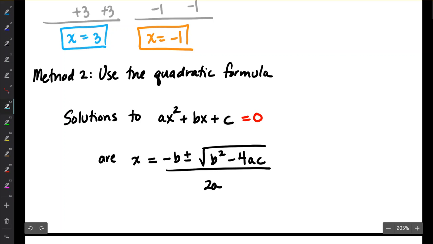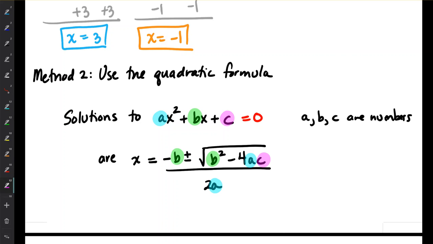So here, a, b, and c are numbers. A shows up there, B shows up there, we have an A here too, and C. Okay, so let's use the quadratic formula on our problem.